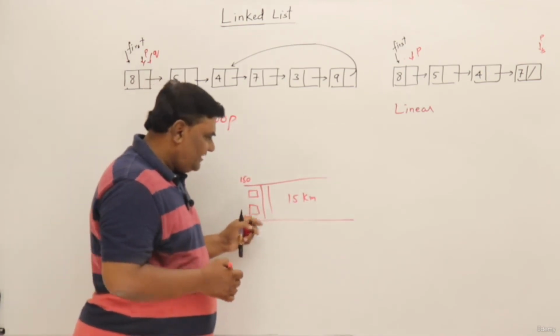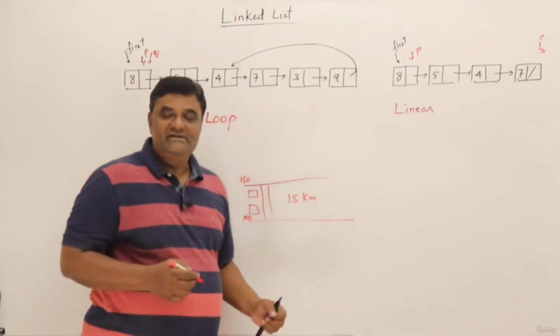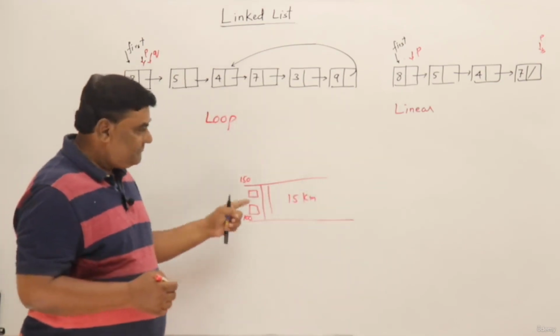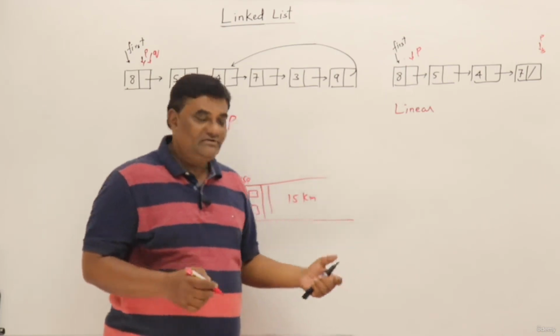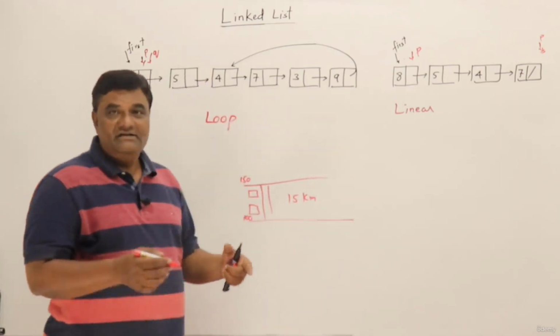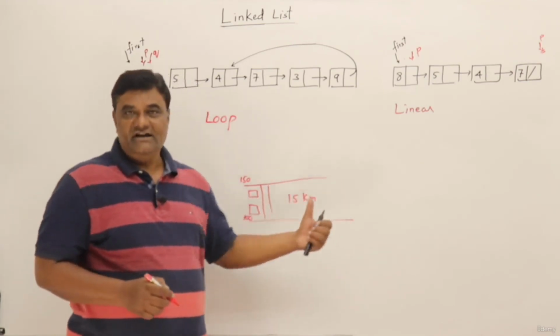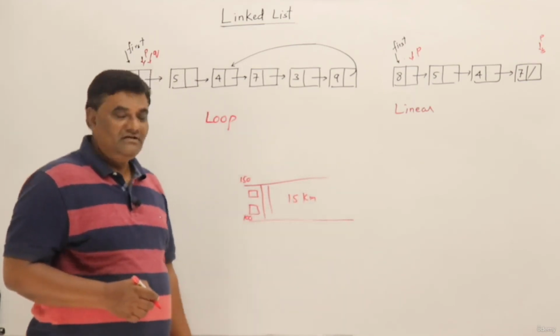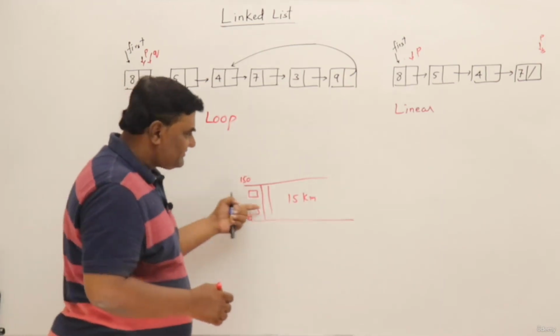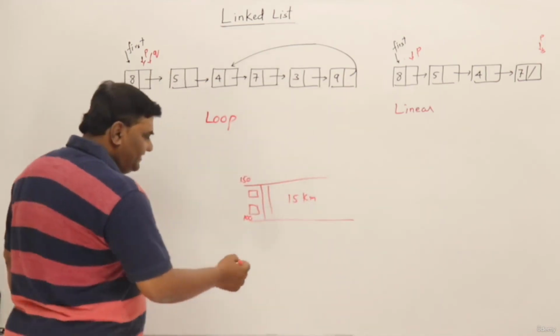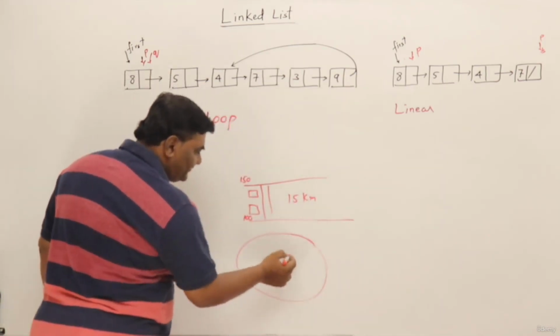Now from the starting point, when they start off the race, then do you think they will meet again at any place? No, this car is slow, that car is fast, they never meet again. Definitely this will reach first and this will be reaching there slowly. Now instead of having a straight linear track, we can have a circular track also.